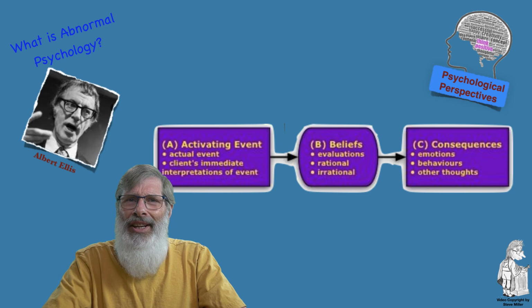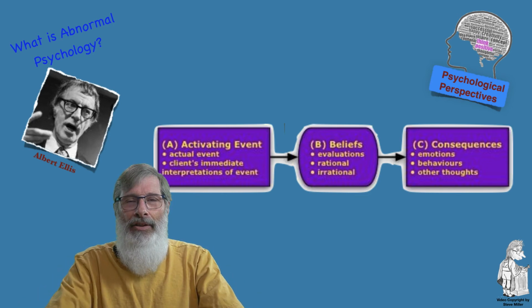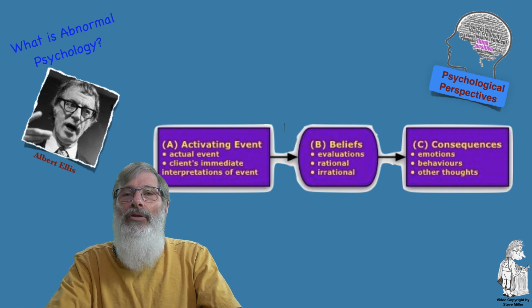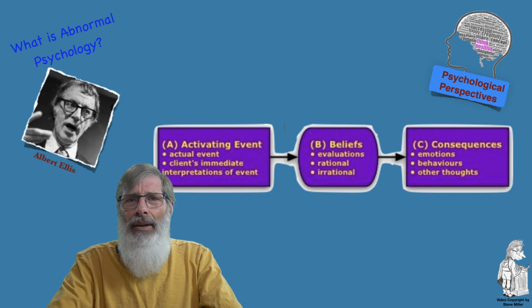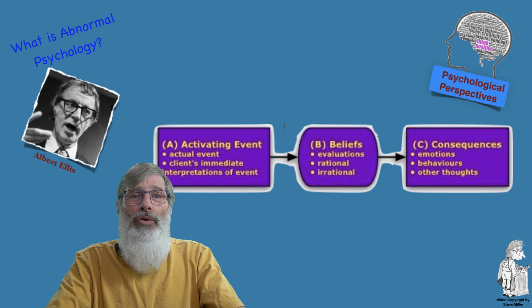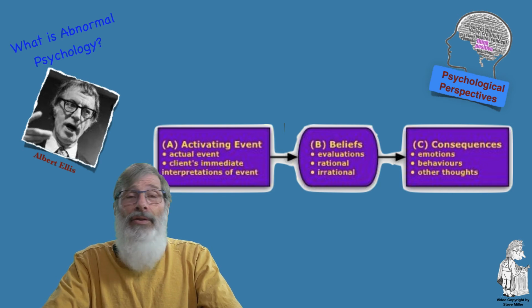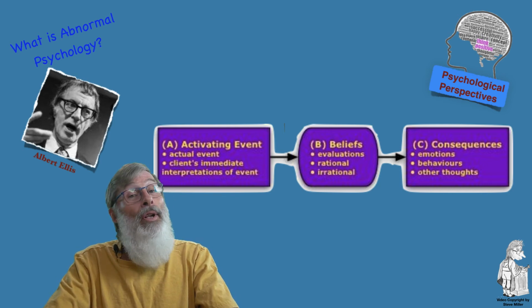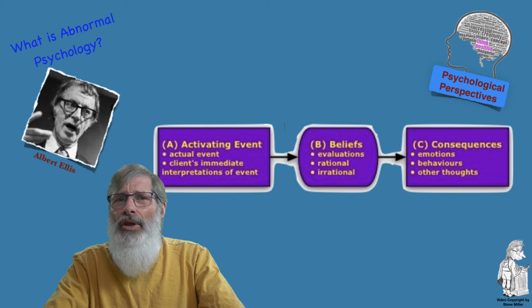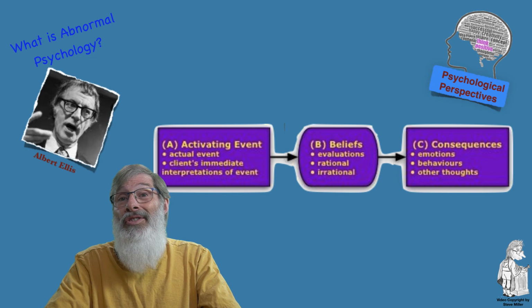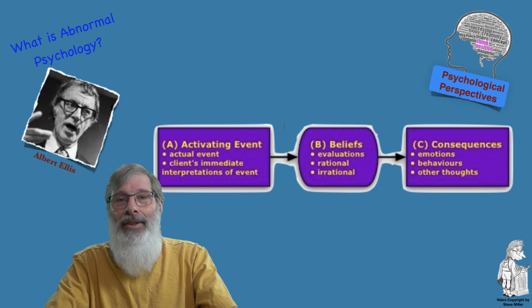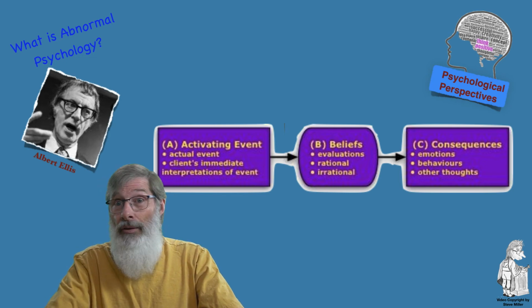A was representative of activating events, antecedents, things that lead to B, which is the beliefs that we have that we use to evaluate things like events. And then C are the consequences, the emotions that we experience, the behaviors that we choose, and the thoughts that are a result of the antecedent and the belief.